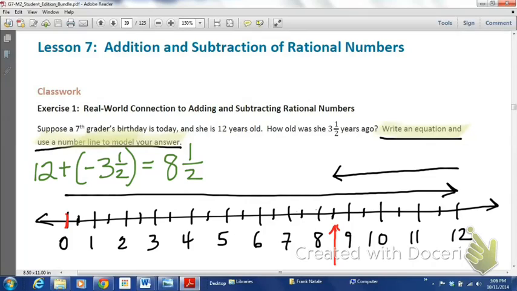Therefore, I started mine at 0. So you can see that move forward, that one long vector that began here at 0 and ended here at 12. That's what the 7th grader is at this point, 12 years old. Then starting at that 12, 3.5 years ago, this suggests the past, and the past can be considered a negative thing.